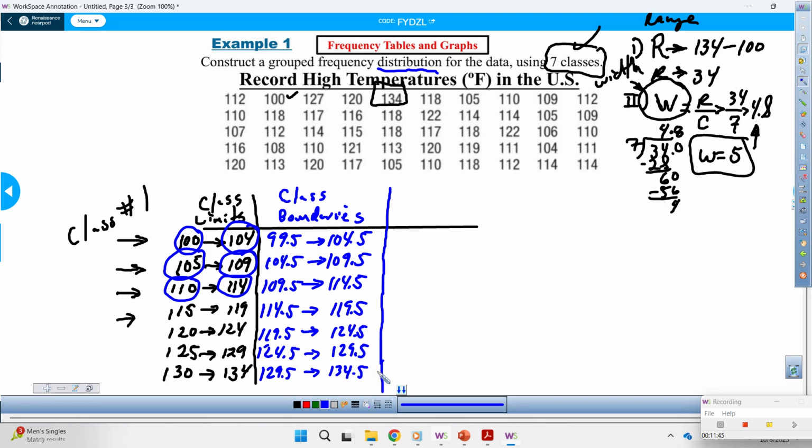All right, let's see. So far, where are we at? Step 1, find the range. Do we know how to find the range? Yes, the greatest value minus the smallest value. Step 2, how do we find the width, Sammy?